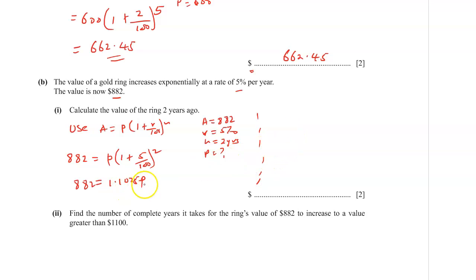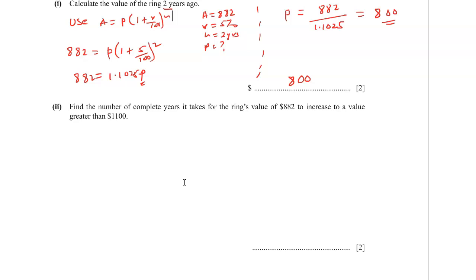So we make P the subject: P is equal to 882 divided by 1.1025. When you calculate nicely, you're going to get 800. So 800 was the value of the ring 2 years ago.